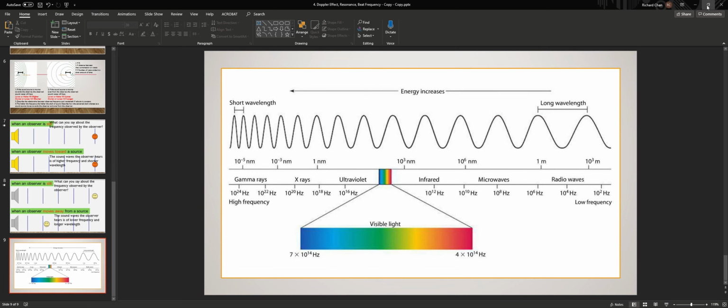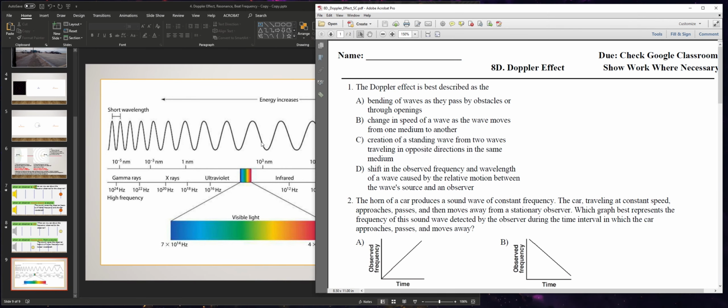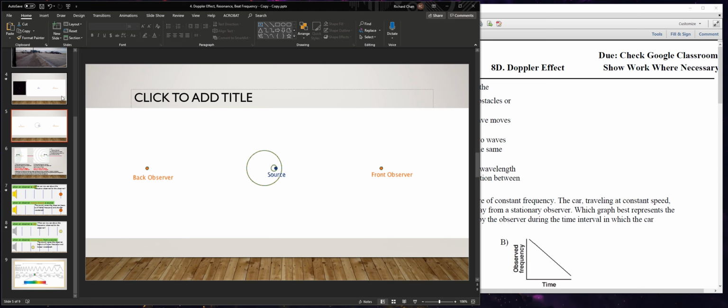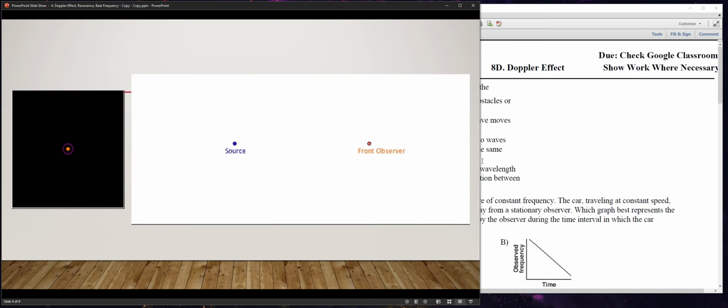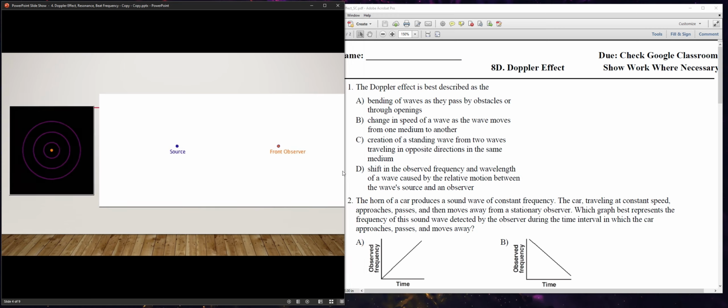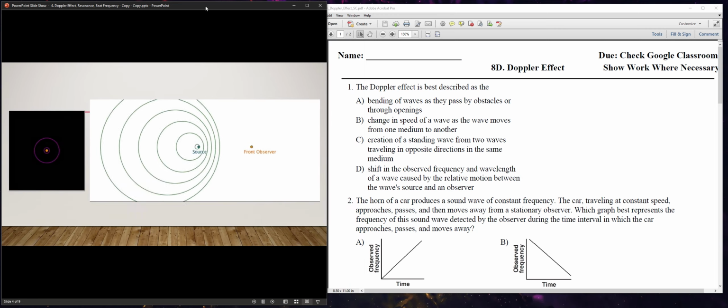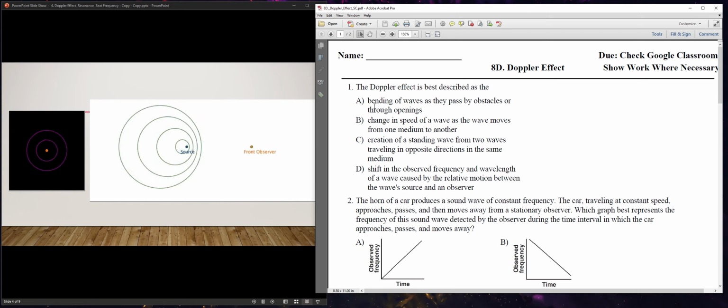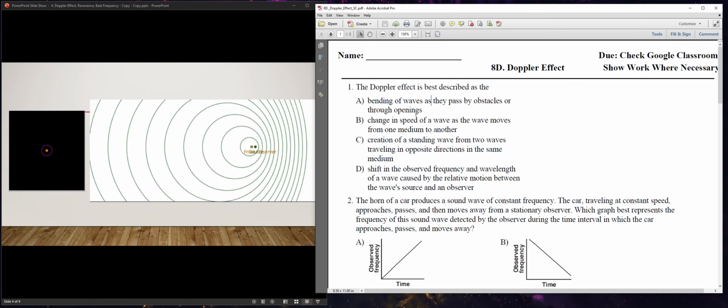Let us solve these questions. Number one, the Doppler effect is best described as, and this is pretty much what the Doppler effect is, right? This is the Doppler effect. So it's going to be D. Bending of waves as they pass by obstacles, you don't even know what that is yet.